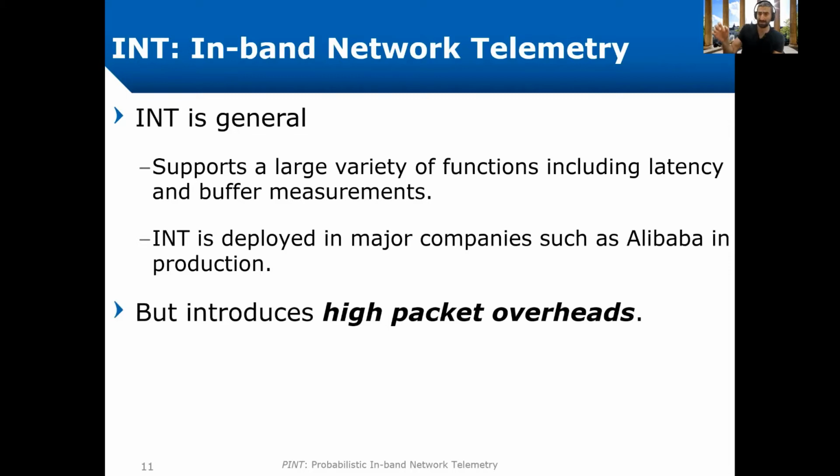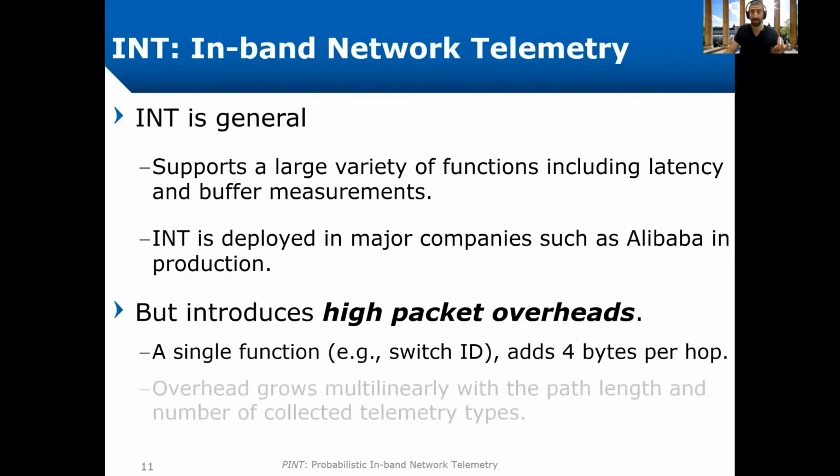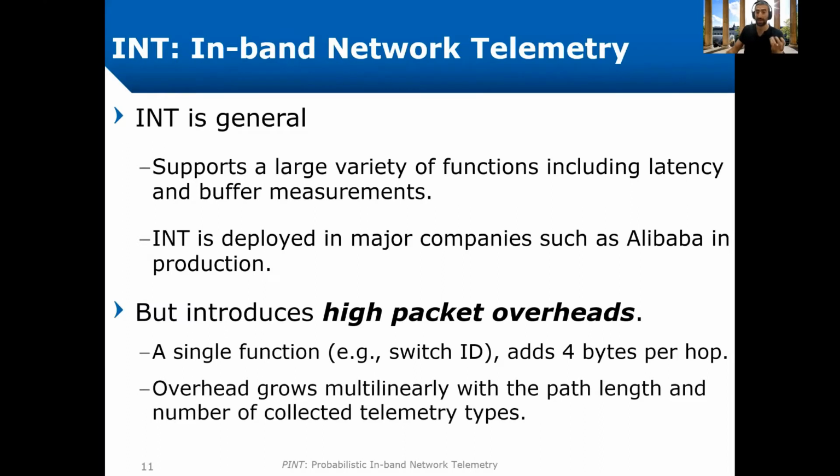And the reason is that this information bits that we add on each hop adds up, and it becomes a problem. And if you think of collecting even just one information type, like the switch ID, if you want to know the path, then every switch would add 4 bytes of information to the packet, and this overhead increases multilinearly in both the number of information types and the length of the path, like the number of hops.